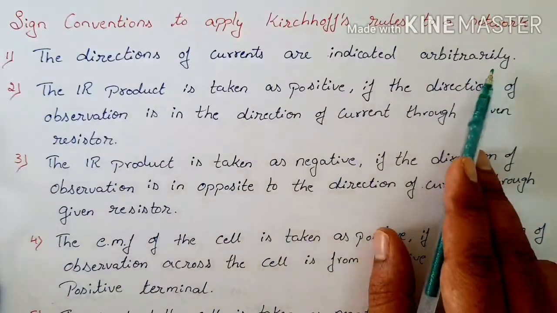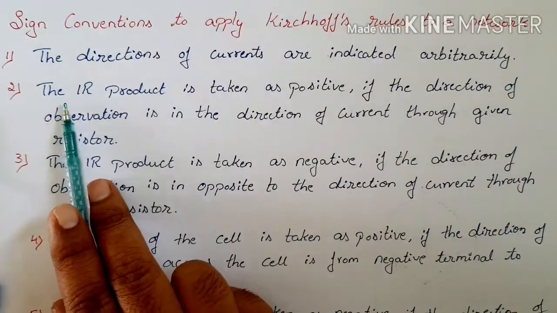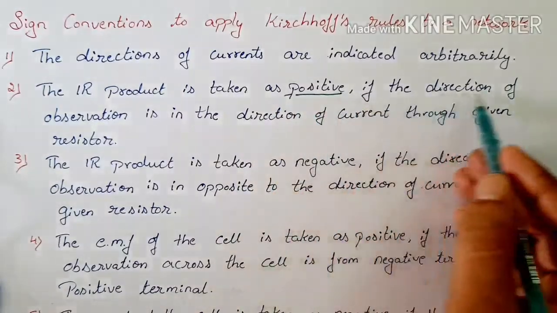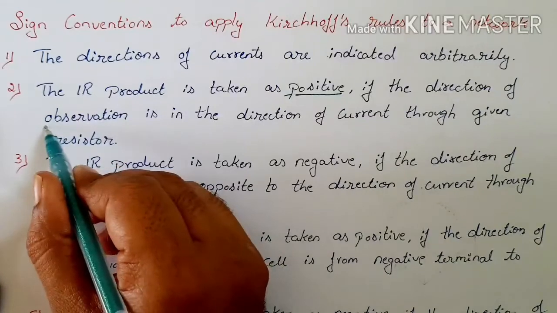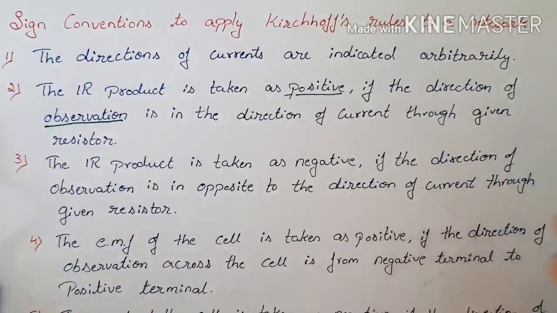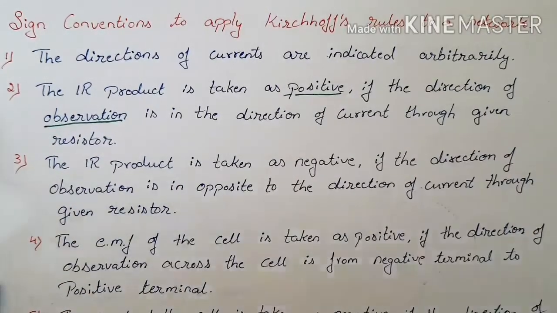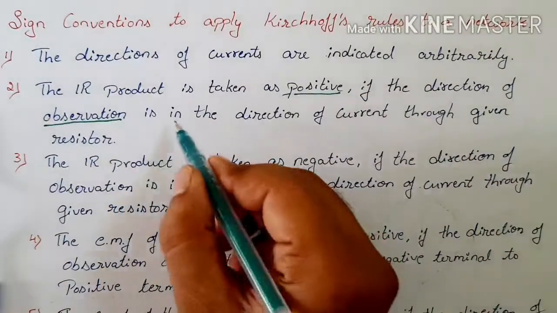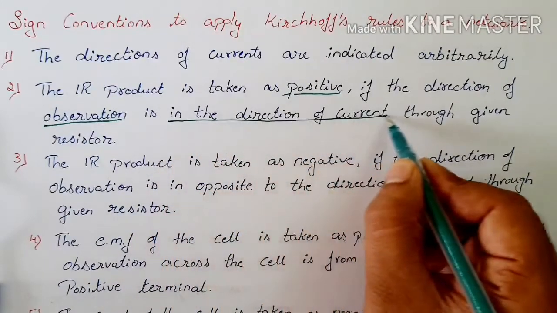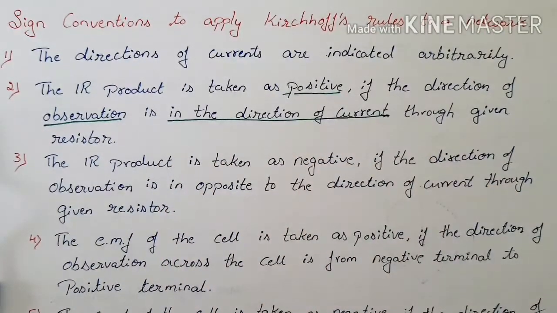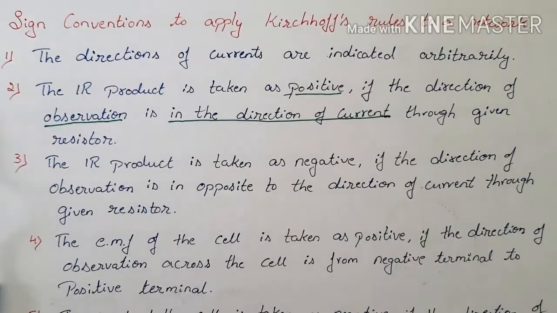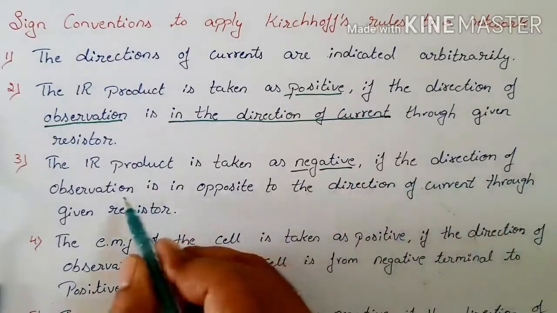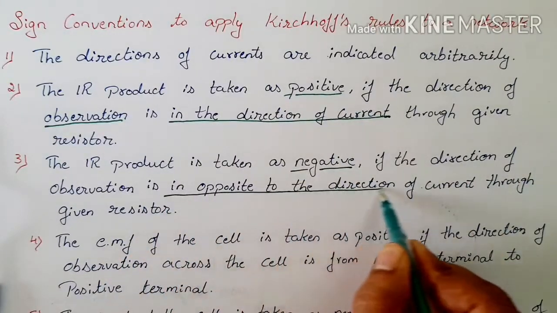The IR product is taken as positive if the direction of observation, meaning the arrow mark, either clockwise or anti-clockwise, that we write inside the loop, is in the direction of the current. And the IR product is taken as negative if the direction of observation is opposite to the direction of the current.